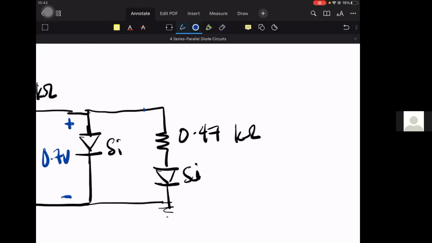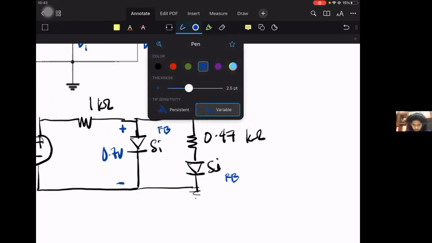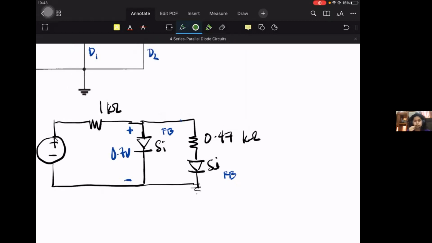So silicon diode 1 is forward bias, silicon diode 2 is reverse bias. So no current will flow in this branch of the circuit. So this becomes, same as before, a purely series circuit again. No current flows here. None.